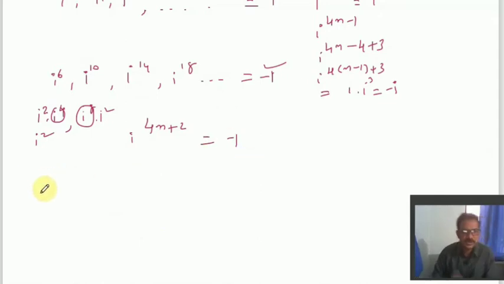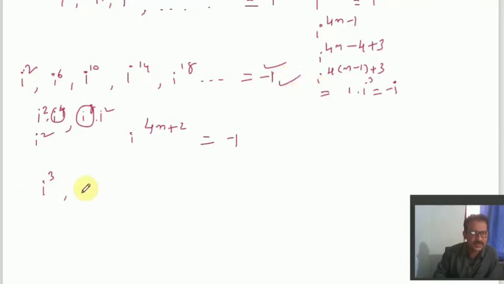In the same manner, i square, i power 6, i power 10, and so on, are always equal to minus 1.